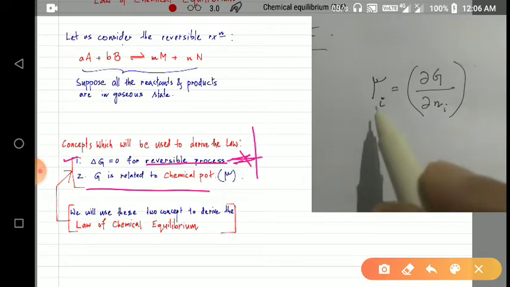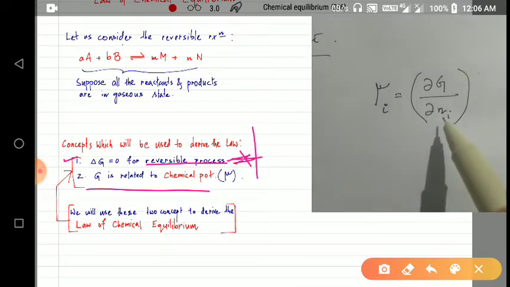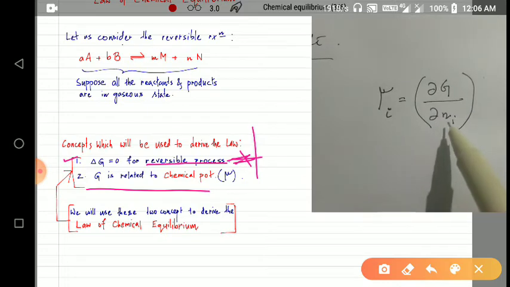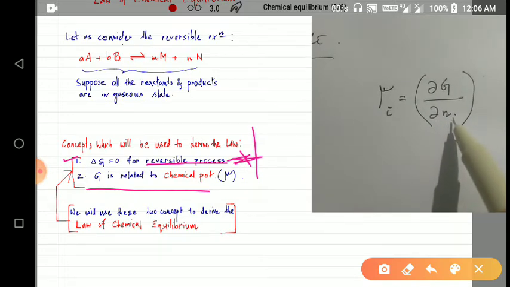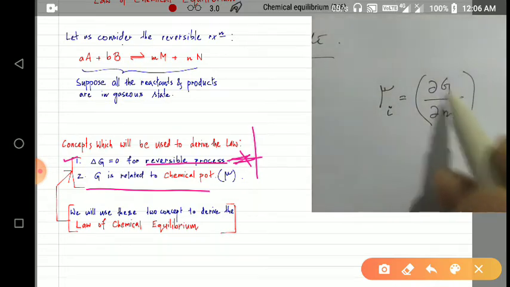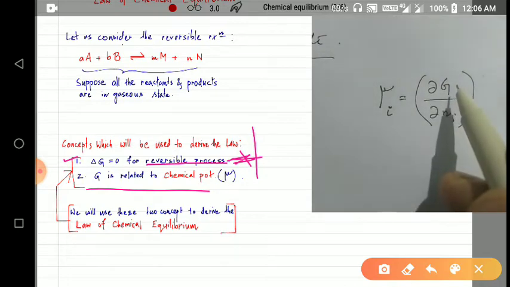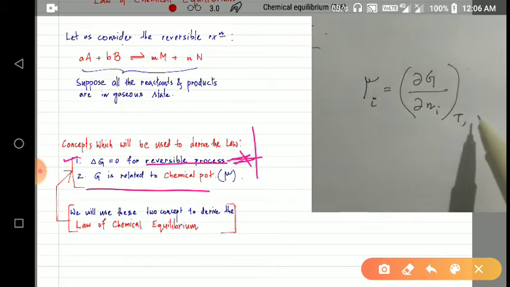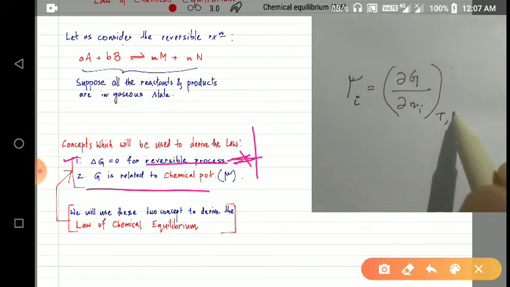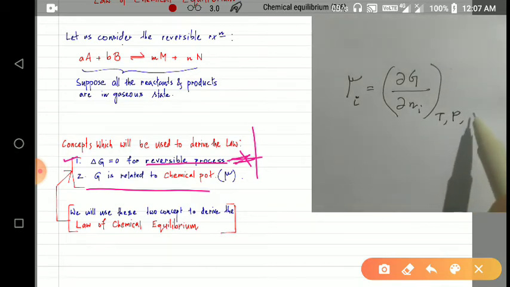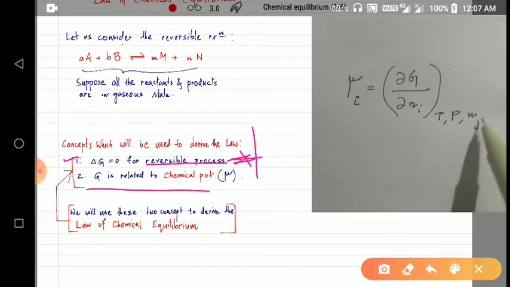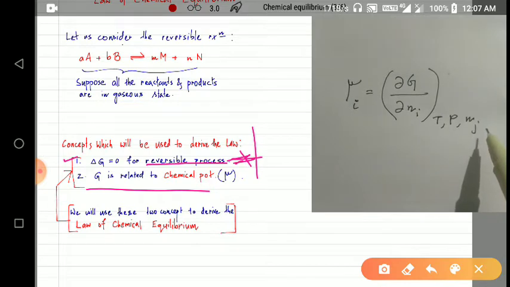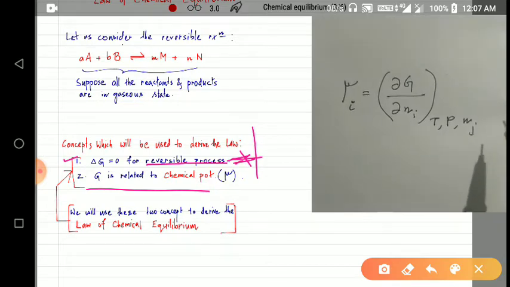That means if we change the amount of component i, how much the Gibbs free energy will change is the chemical potential. The condition is that it should be at constant temperature, constant pressure, and the other components must be at the same composition.